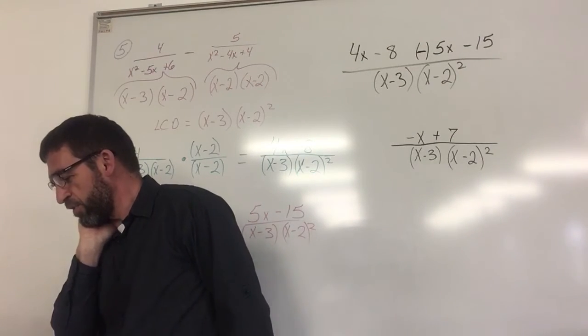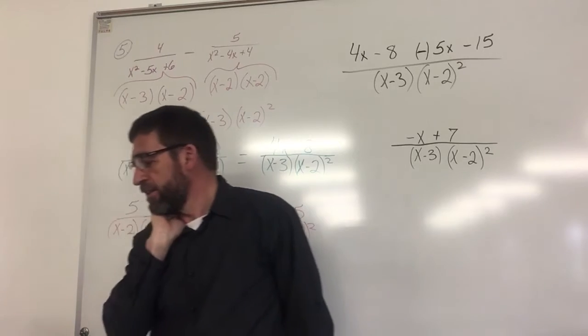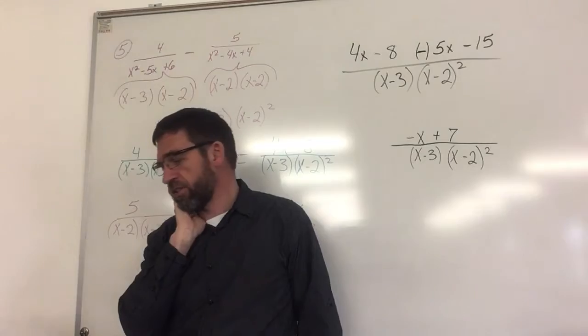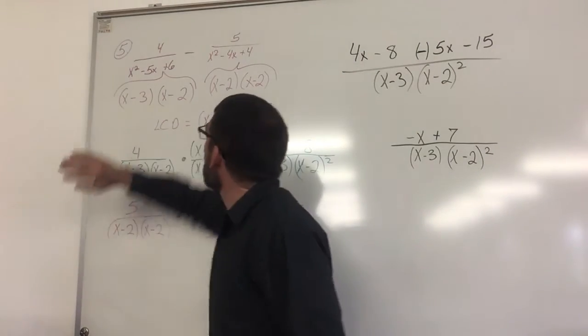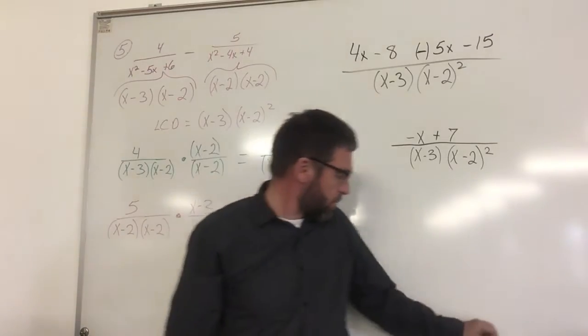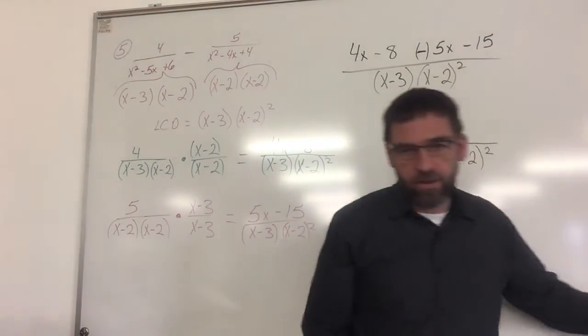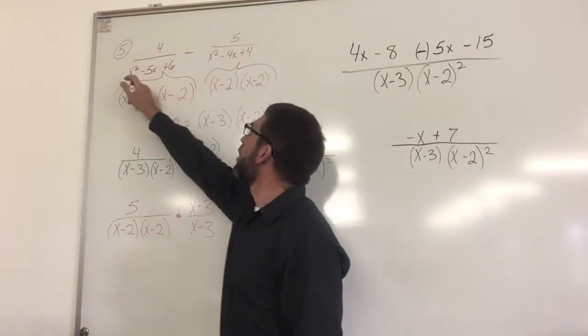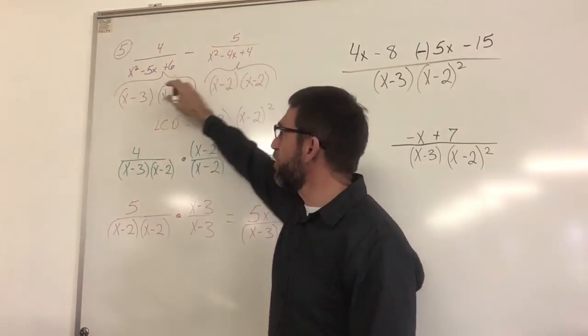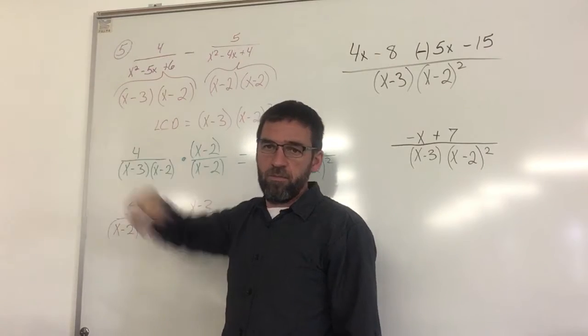Okay, so you got 4 over x squared negative 5x plus 6, and then 5. I copied the problem right here. I crammed a little more because this problem is just a little bit bigger. But if you look, right here is your problem. Now, factoring out this problem wasn't hard.